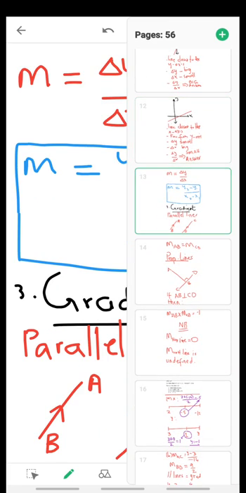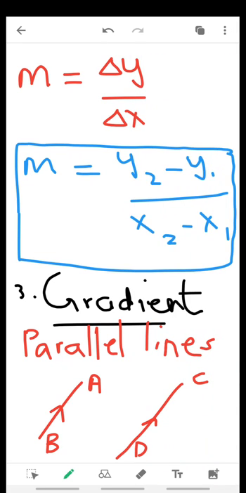Now let us look at the relationship between delta y and delta x, or change in y over change in x. What is this? We just spoke about it. We said it's the gradient. So m is equal to change in y over change in x, where change in y will be y2 minus y1, over x2 minus x1.